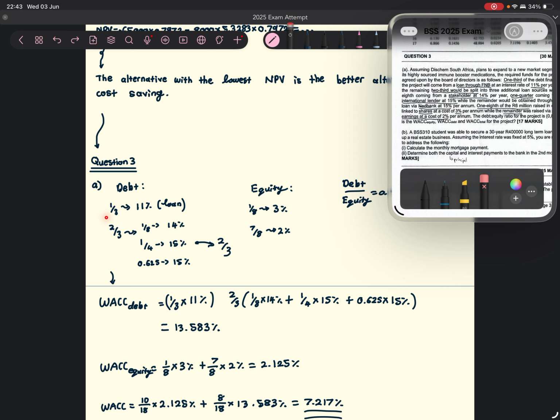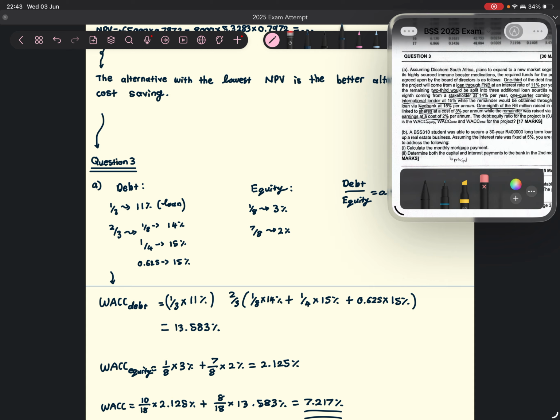So 1/3 of our debt consists of this thing, which has a cost of 11%, and then 2/3 of it is split into multiple different avenues. So this 2/3 is distributed accordingly. So 1/8 of this 2/3 is 14%, 1/4 of this 2/3 is 15%, and the rest is 15%, right?